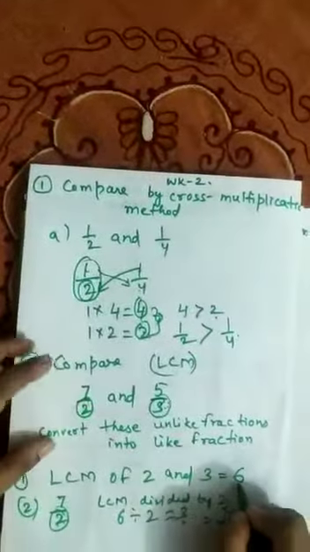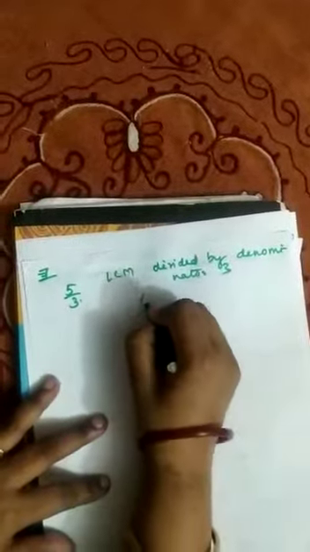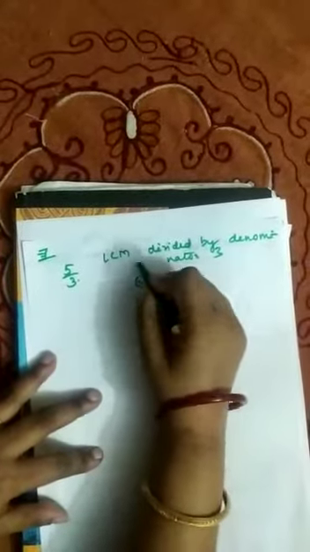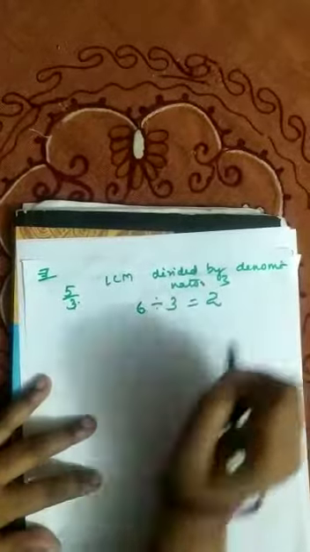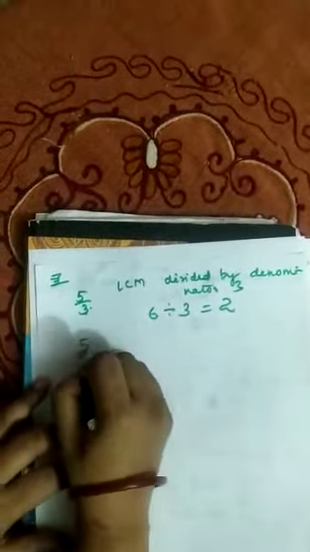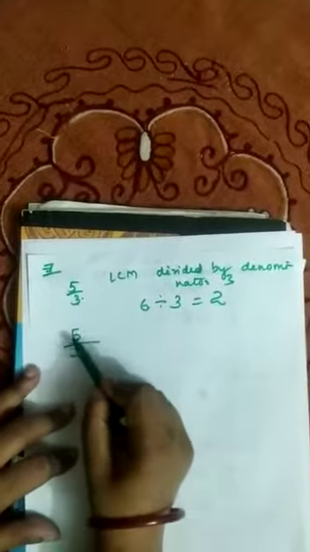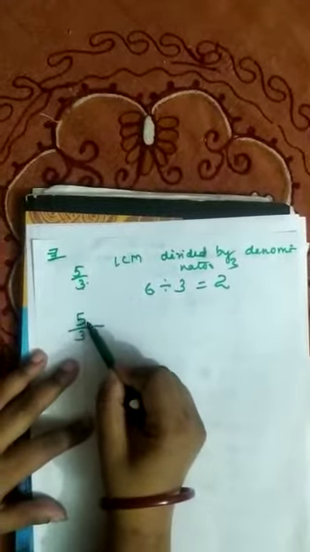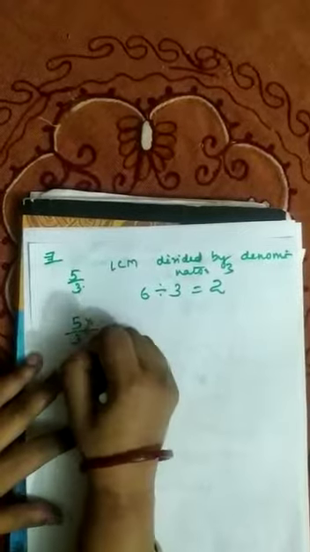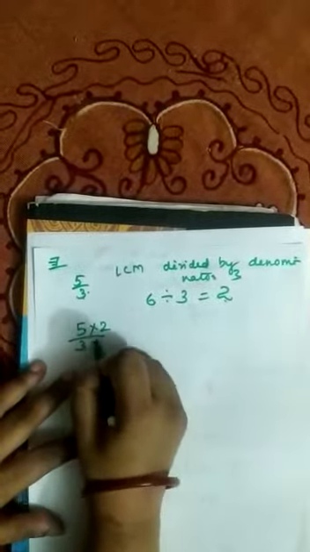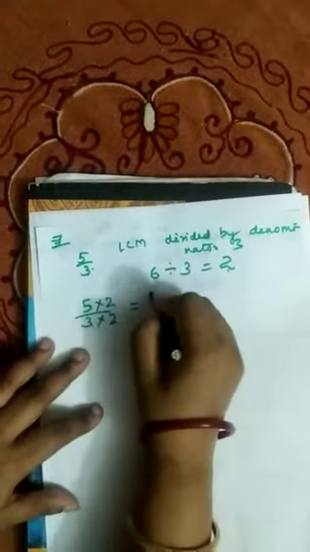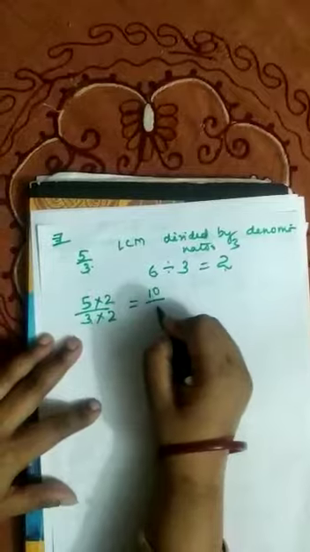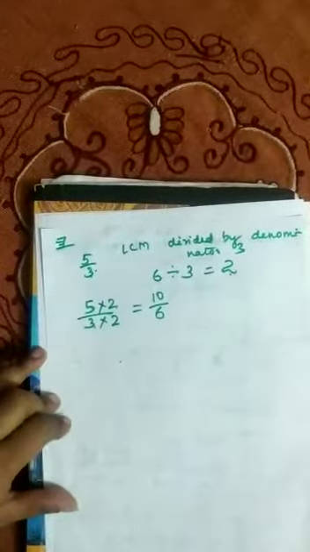Here we got the LCM is 6, right? So 6 divided by the denominator 3 gives 2, right? Now for this fractional number 5 by 3, the numerator 5 and the denominator 3 will be multiplied by this quotient 2. 5 will be multiplied by 2, 3 will be multiplied by 2. Now it is 10 by 6, right?